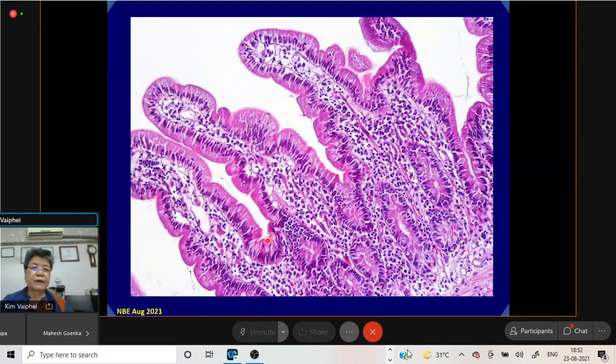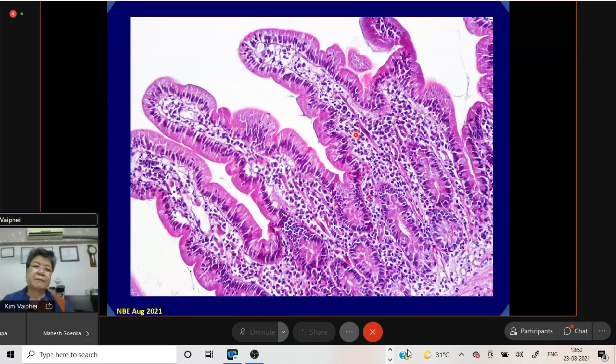And so here also one could see that there's mild increase with some degenerative changes of the surface epithelium, but the inflammation is quite increased in the lamina propria. So this biopsy also is not really normal, and the inflammatory cells are also increased in the crypts. So it's not only along the surface epithelium, even the deeper crypts show increase in intraepithelial lymphocytes.